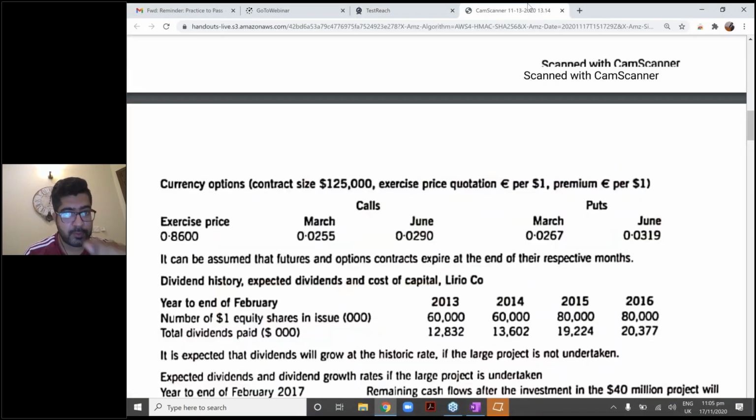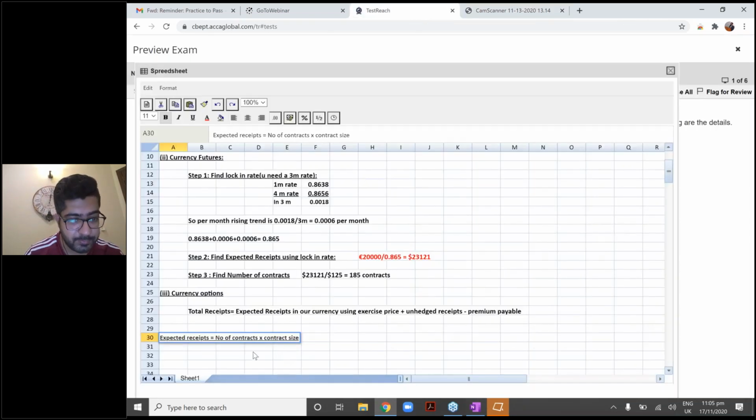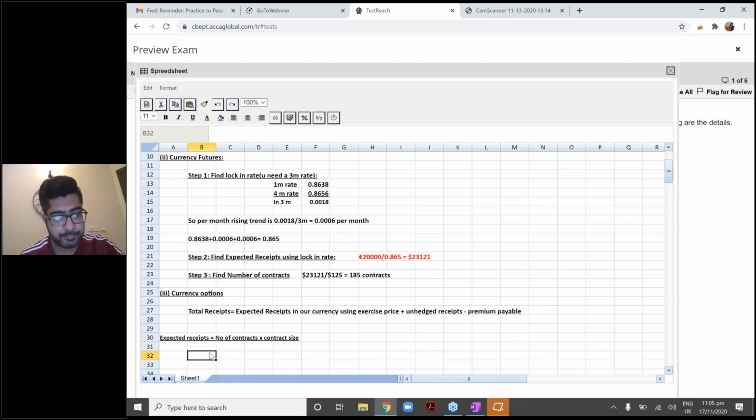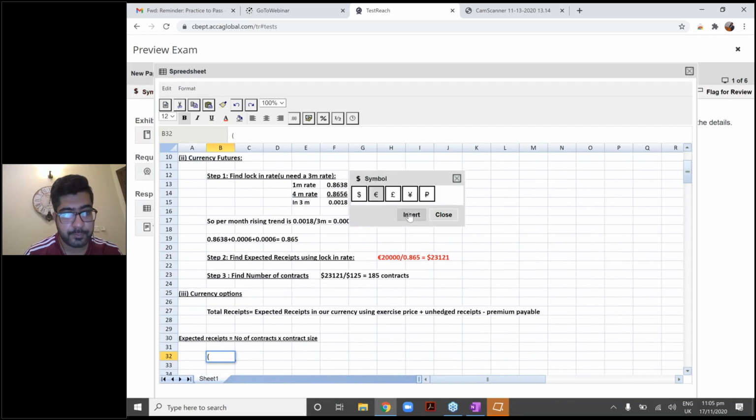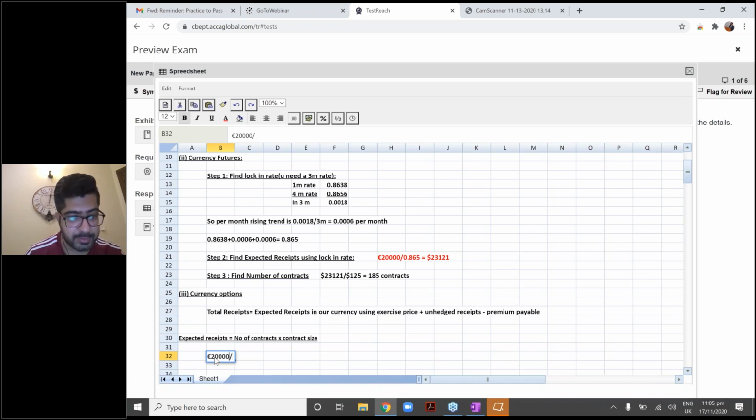What is the exercise price? It's 0.86. As you can see in options, the exercise price is 0.86. So expected receipts in foreign currency for number of contracts: euro 20,000 divided by exercise price 0.86, divided by contract size.